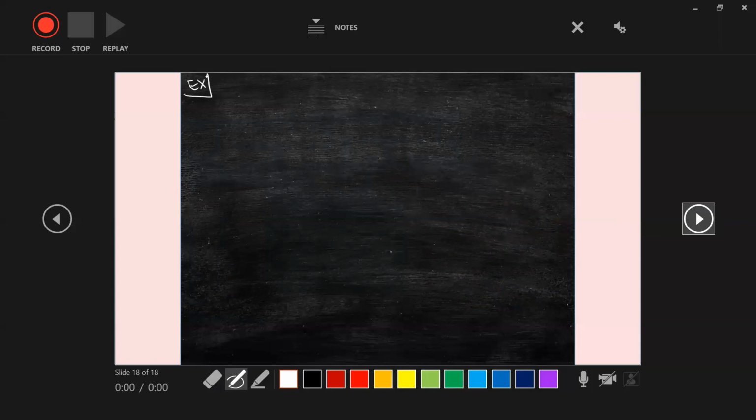So let's say that we're given the following sequence, and we need to write a formula for that.